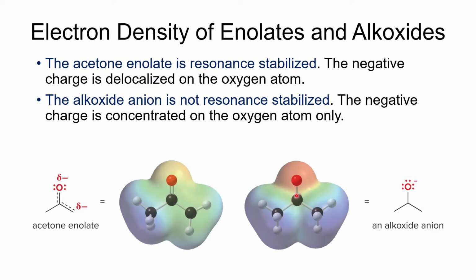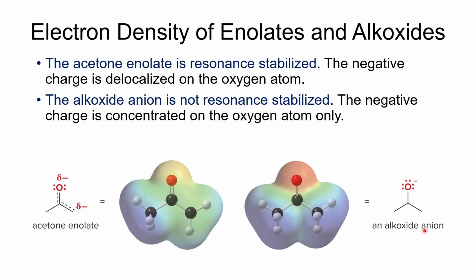But one thing I want you to keep in mind is that this is still a weaker base than the acetone enolate. For isopropoxide, it's going to be somewhere in the range of 16, 17 for the pKa of the isopropyl alcohol. So this will not be quite as strong a base as the conjugate base of acetone. Acetone has a pKa of around 19.